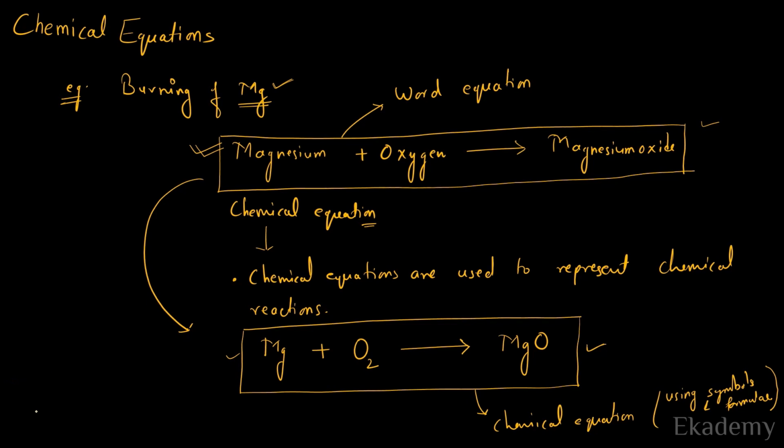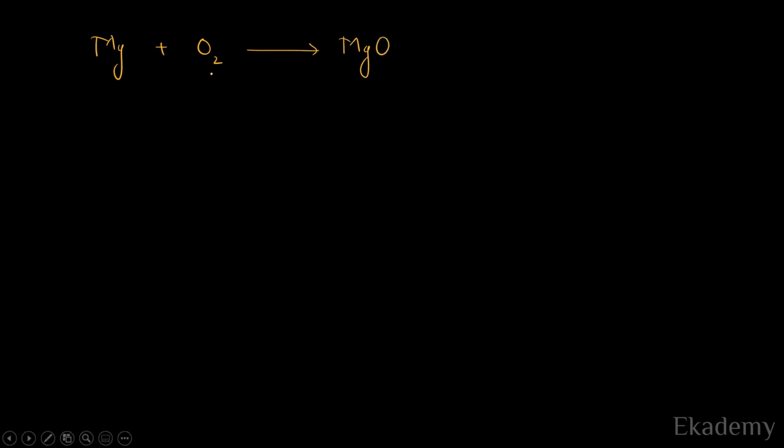Now, one thing that I would like to highlight here is in this chemical equation. Let me write it again. Magnesium, when it reacts with oxygen, forms magnesium oxide. Now, we are fully aware of the law of conservation of mass. So, during a chemical reaction, mass is conserved.